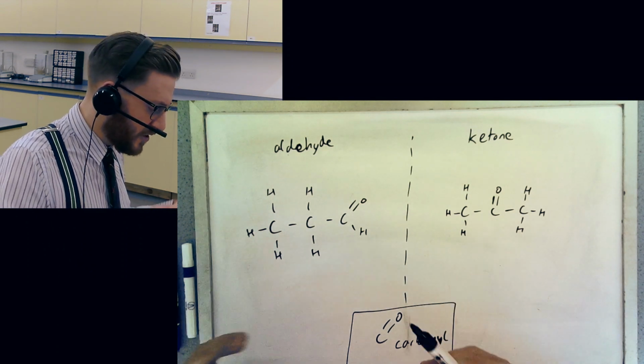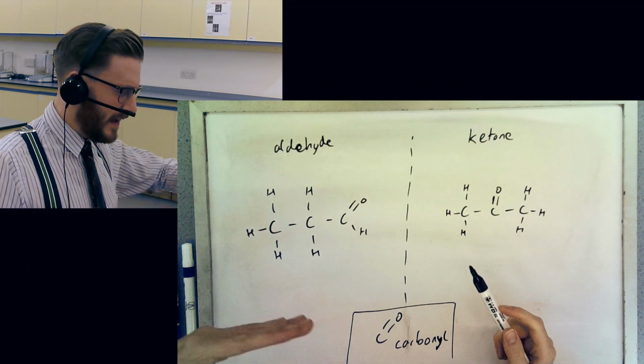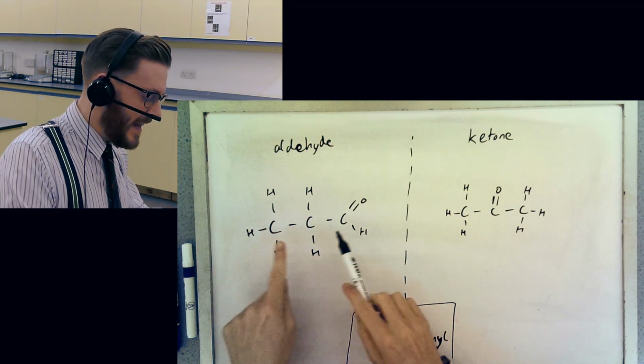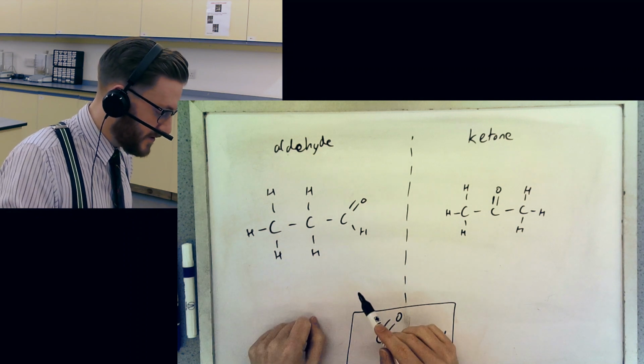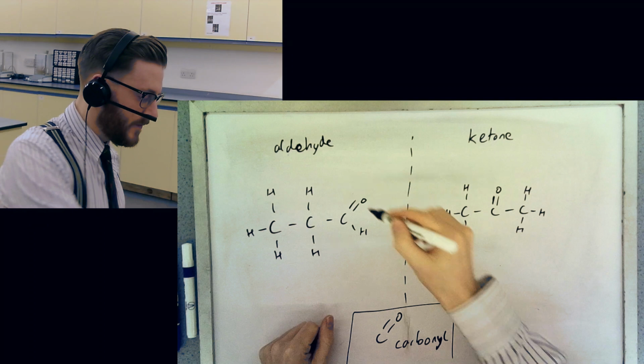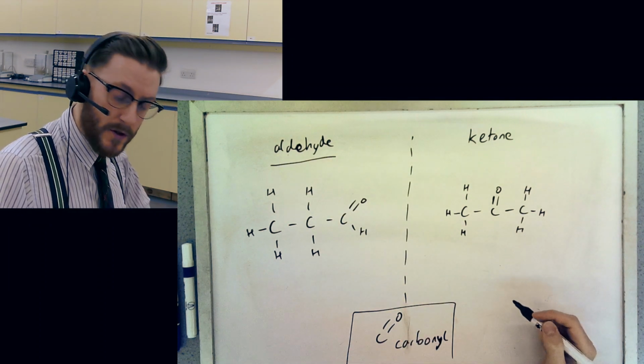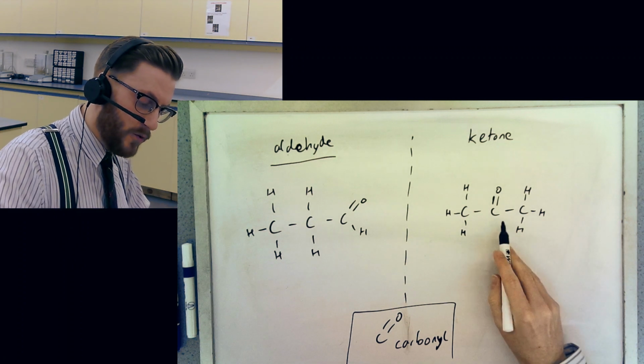If you've ever had a terminal illness, you're at the end of your life. At the terminal of the airport is the last point before you take off. So the end carbons are the terminal carbons. And on either of the terminal carbons, if you have a carbonyl, you have an aldehyde. For my ketone, on the other hand, my carbonyl is always somewhere in the middle.